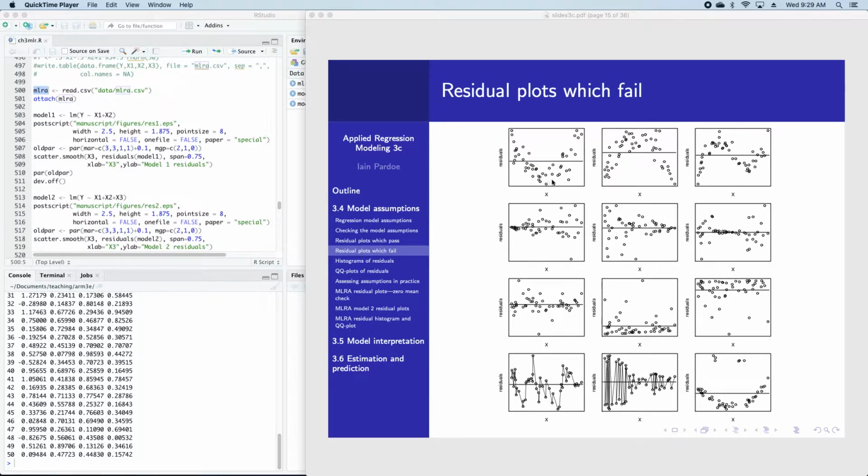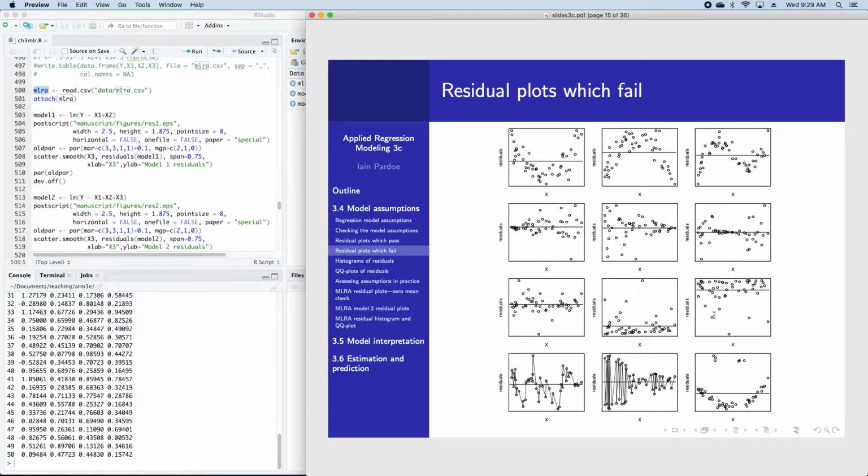It's got a U shape here, it's got an N shape here, and it's got an up and down and up again pattern in this one. In this next series of plots, these plots are violating the constant variance assumption, because the variability of the residuals as we move from left to right increases in this plot, decreases in this plot, and then starts high, gets low, and gets high again in this plot.